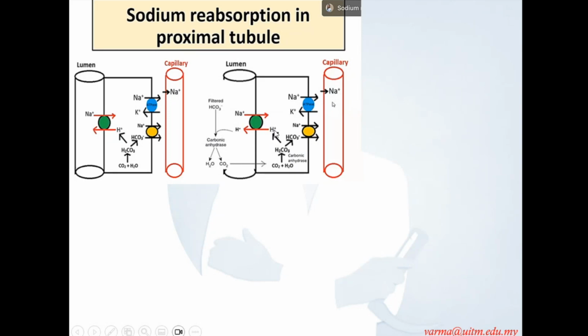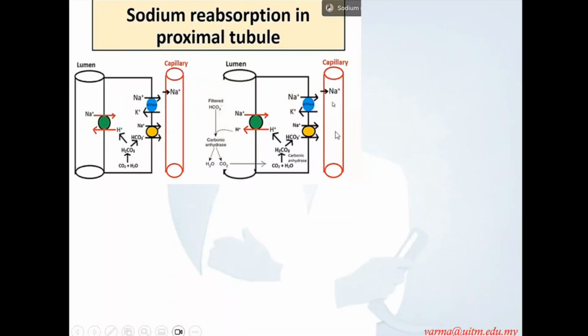For every hydrogen ion excreted, bicarb is reabsorbed together with sodium. So there are two important points. One is sodium being reabsorbed from the lumen into the cell, and from the cell it is co-transported with bicarb into the capillary.